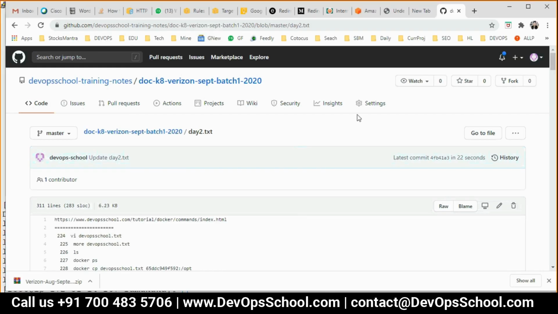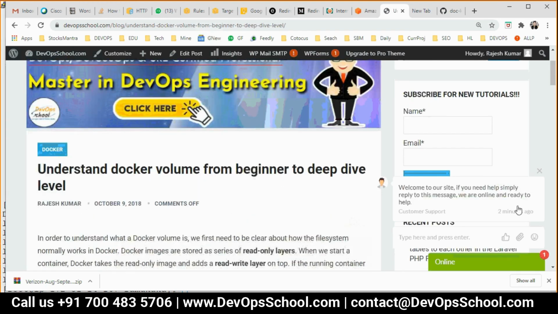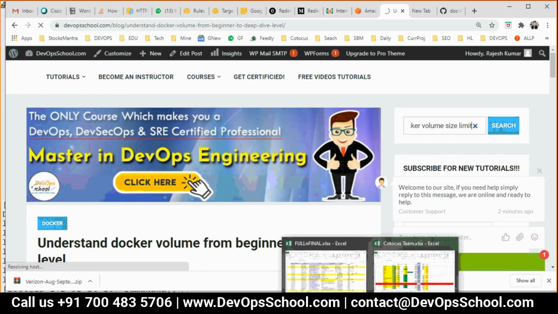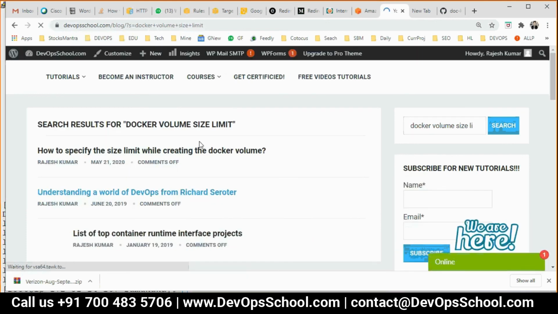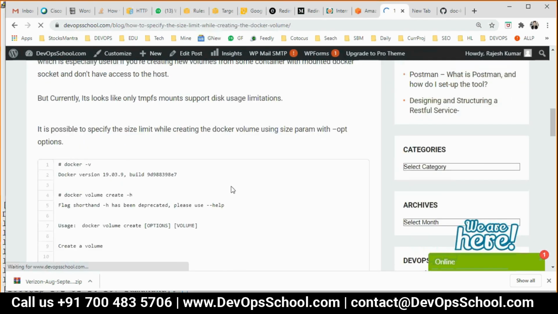I have written one blog on that, but I think it got outdated because Docker has had a lot of recent changes. Docker volume size limit is possible, but typically you have to use a different driver, different technology. That is out of scope, but if you are interested, you can read more about it from this.